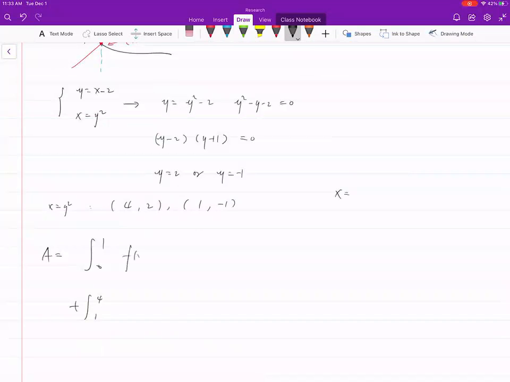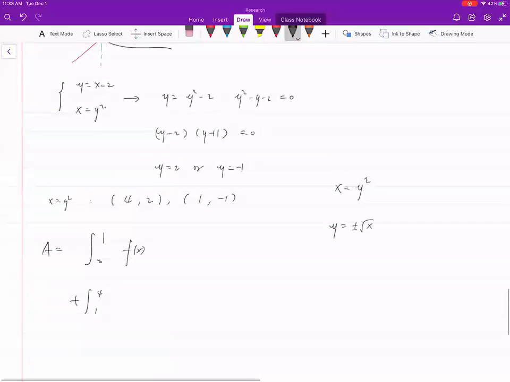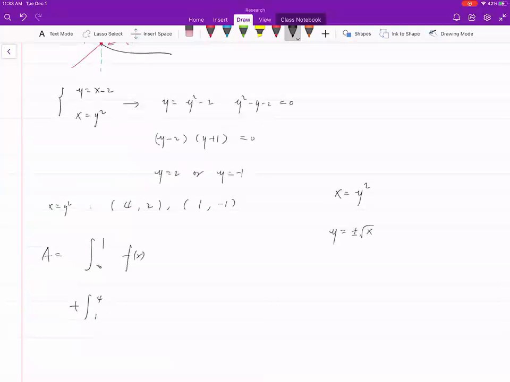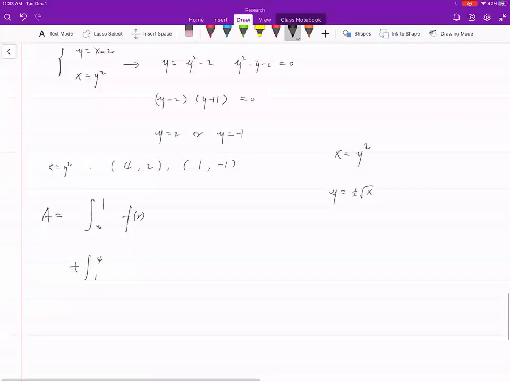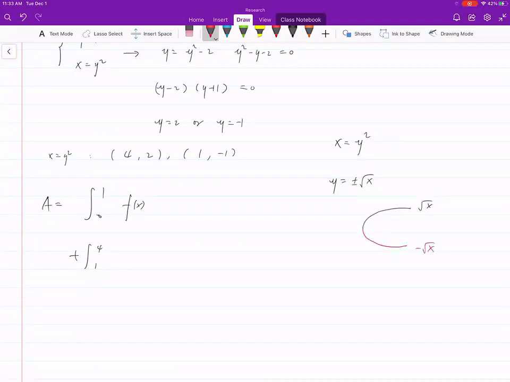Good. Now what's special about this parabola? Remember, we want to put f of x here, right? But what we have is not a function of x. To do that, we actually have to do an additional term, which is this. Sounds good? Okay, the positive one gave you this. The negative one gave you this. That's why you have 2 pieces of parabolas together.